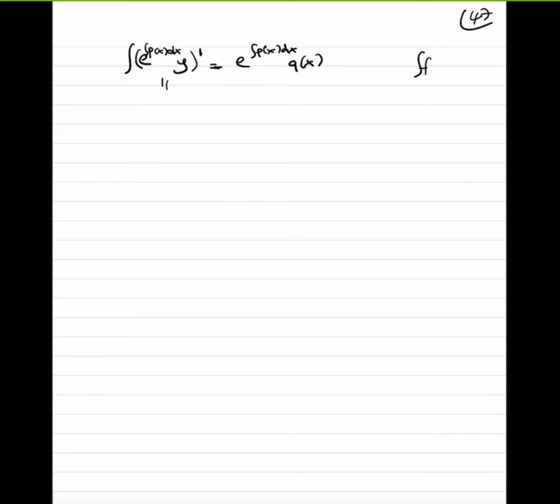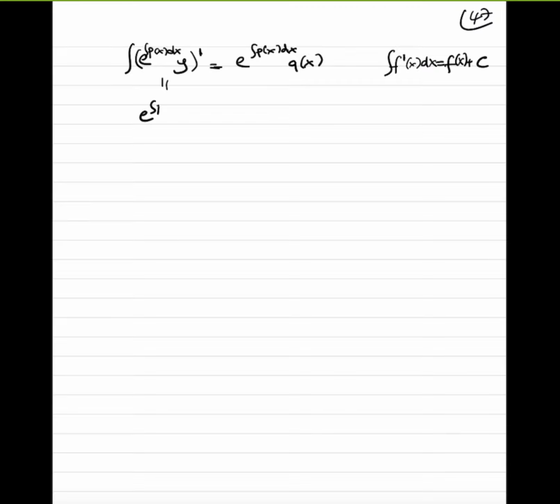So we know that the integral of f prime of x dx is equal to f of x plus c. So when we take the integral of the derivative, it is itself, right?